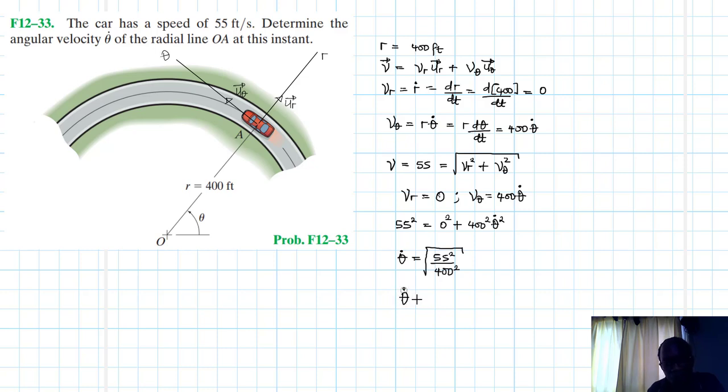Working this out, we have 55 divided by 400, which gives 0.1375 radians per second. Alright, so this is the final solution.